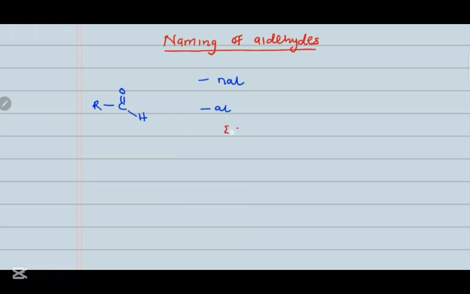So here are examples. Example number 1. Let me get this compound.